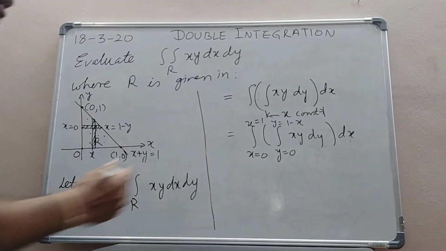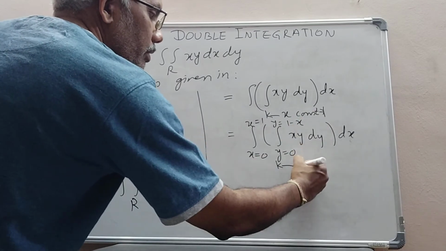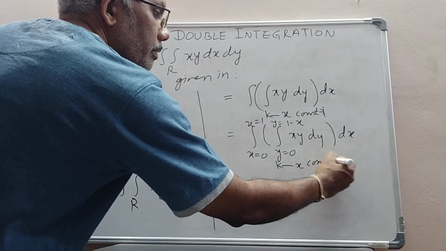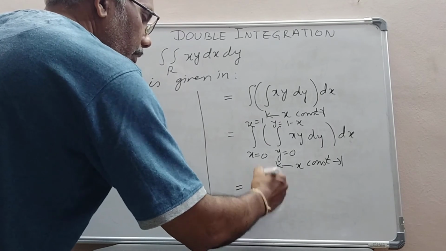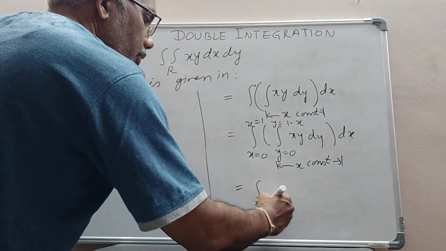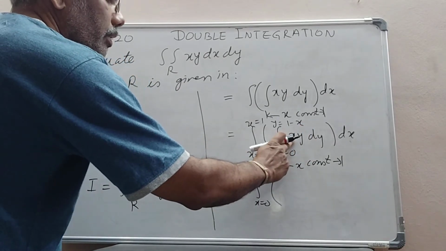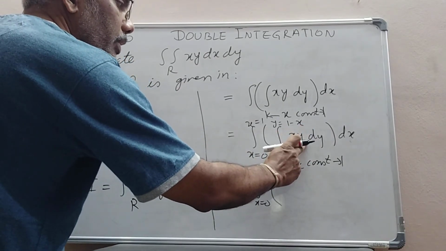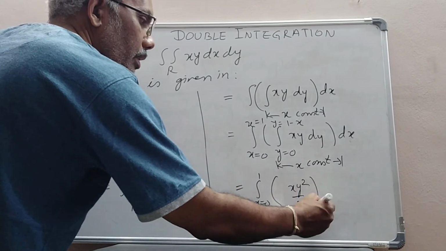Now this is very easy, because for this part, x is a constant. So what you have is the integral of x from 0 to 1. Let's evaluate this. x is being treated as a constant. You are integrating with respect to y. So what you get is x y squared upon 2.